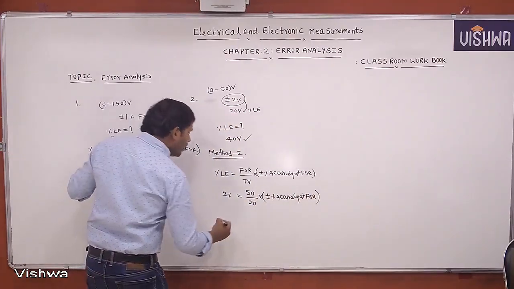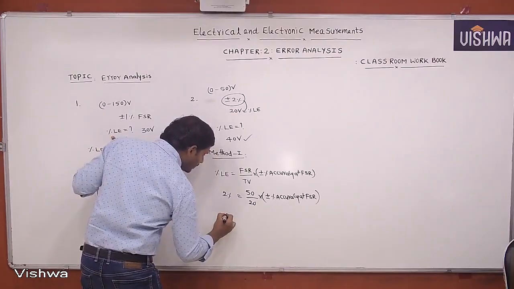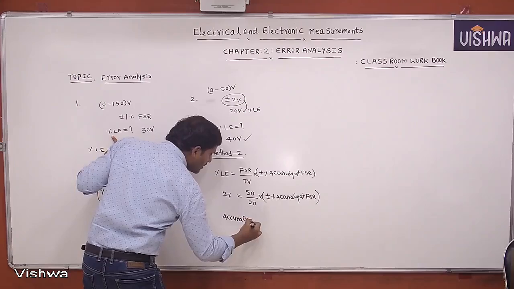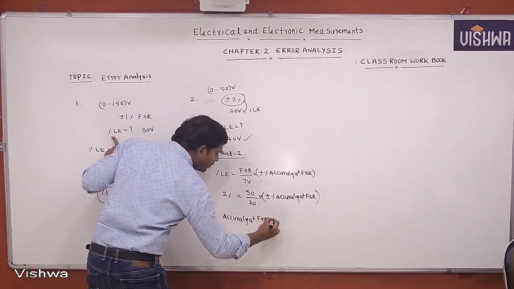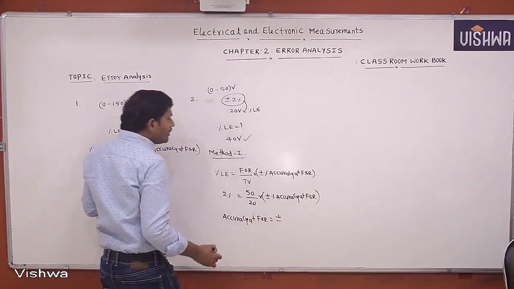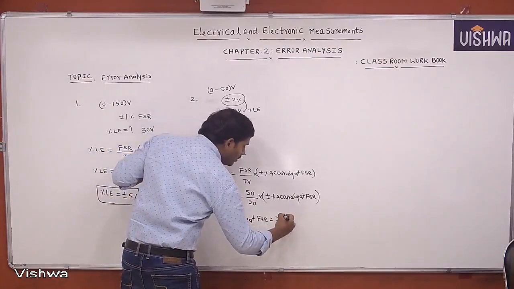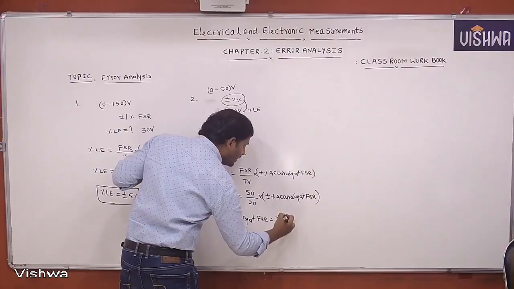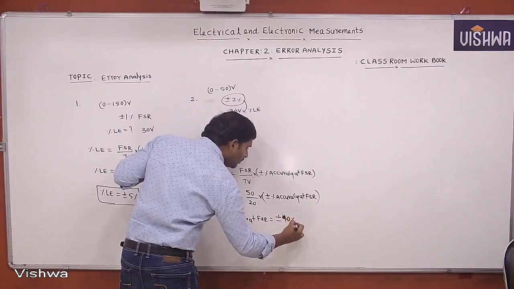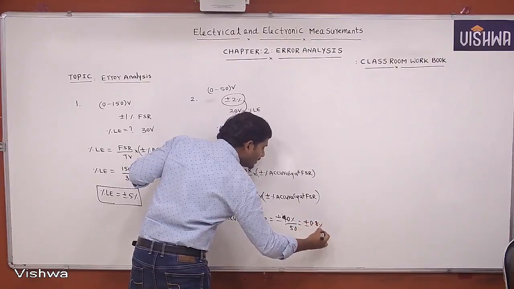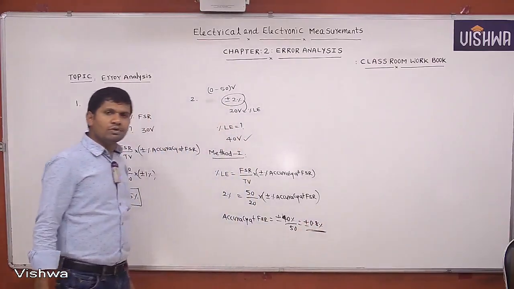Now from this, accuracy at full scale equals plus or minus 2% times 20 by 50, which is 40% by 50. How much do you get? Plus or minus 0.8%. This is the accuracy at full scale.